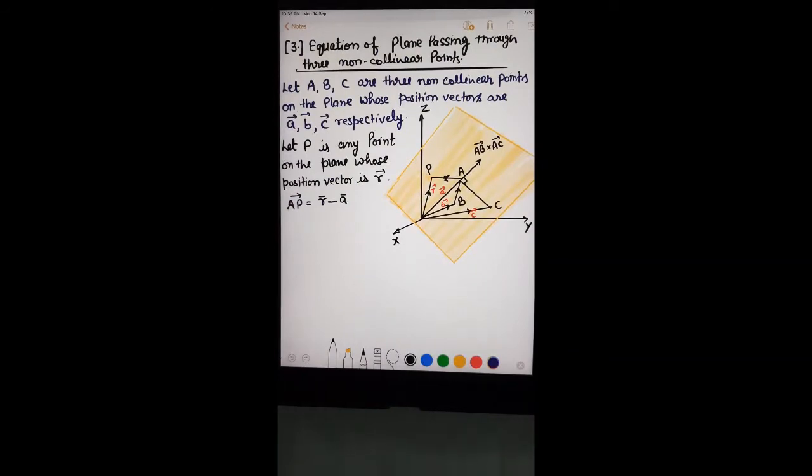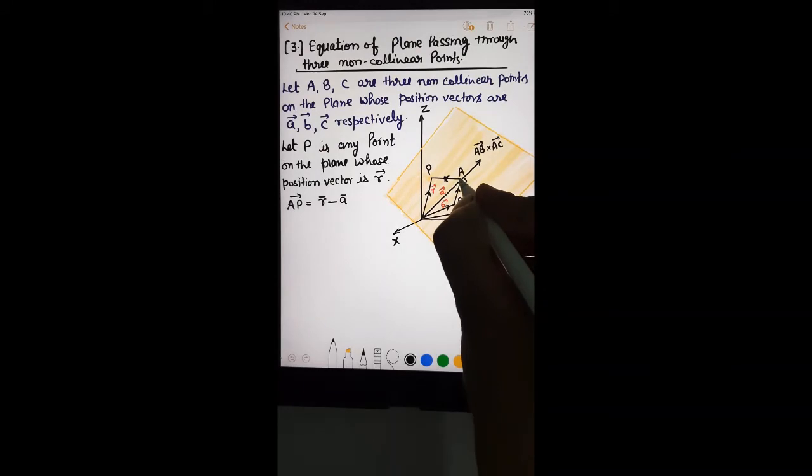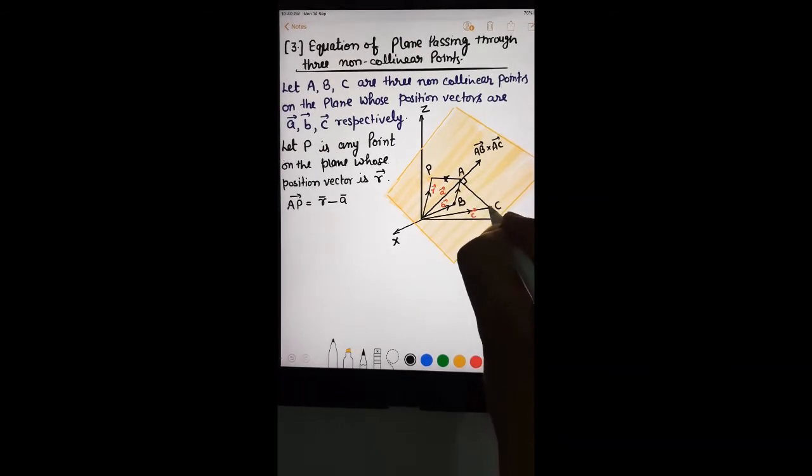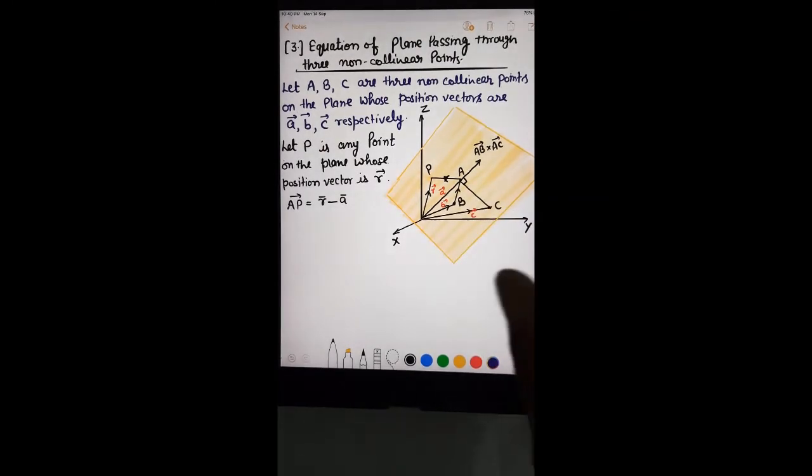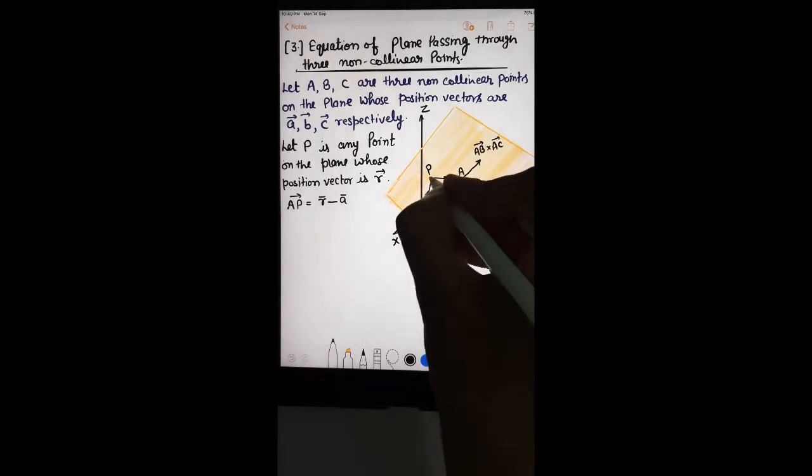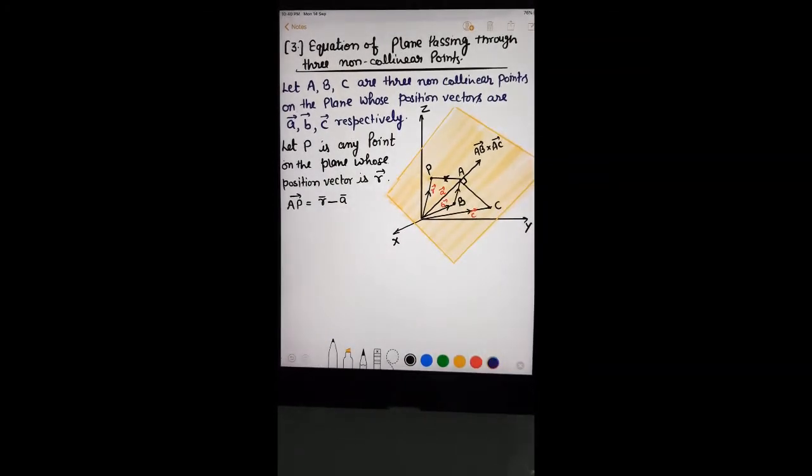Now we have to find the equation of a plane that is passing through three non-collinear points. Let the three non-collinear points be A, B and C, whose position vectors are small a, small b and small c respectively. Let P be any point on the plane whose position vector is small r. You can see these three points A, B and C are non-collinear and lie in the plane, and P is a general point which also lies on the plane.